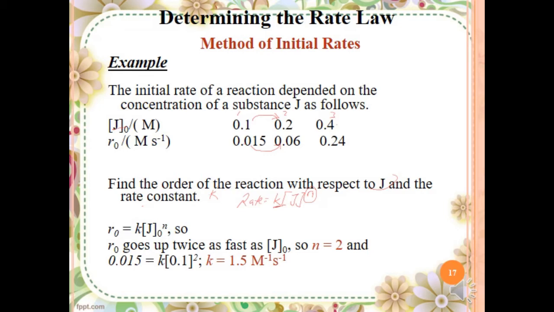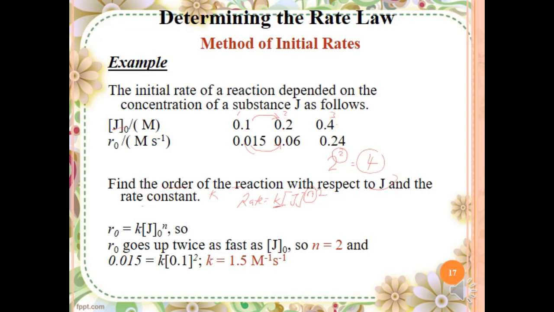That means when the concentration doubles, the rate quadruples. When the rate quadruples, it means N, the order of the reaction, is second order. Remember, 2 to the power of 2 is 4. Second order, quadruple. So we have solved the first question, which is the order of reaction, which is 2.